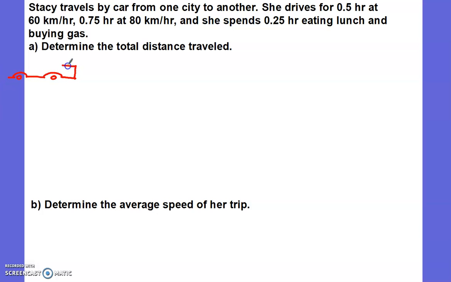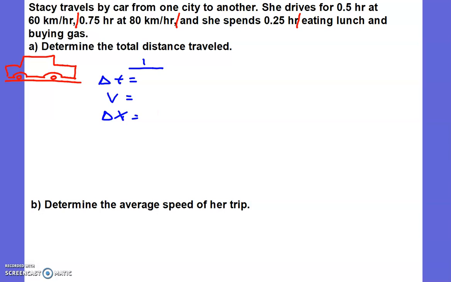So we have Stacy driving a car, and so we draw a car here. Next thing we want to do is write down our givens, but we have really three sections of givens. We have the first part, the second part, and then the third part as well. And for each section, we are going to write down what is her time, what is her speed, and then what is her distance, which is what we're going to eventually calculate.